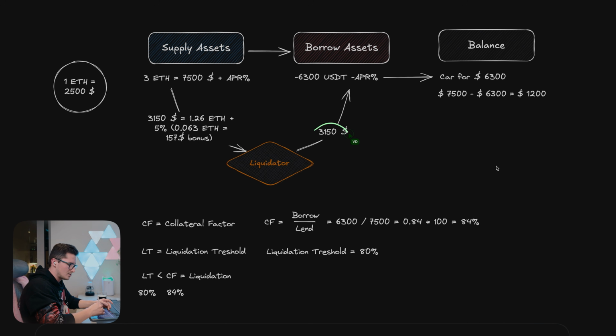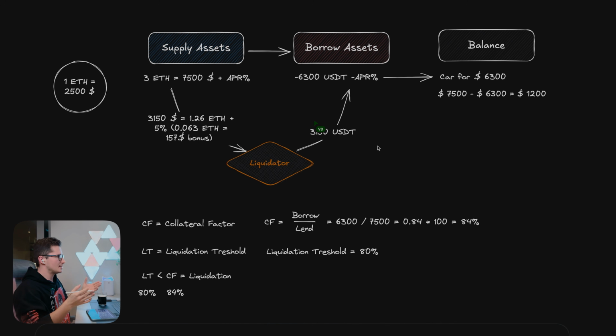That's $3,150, 3,150 USDT, sorry. So that's actually USDT. It means that he needs to buy USDT from the market, then come here and liquidate this position by repaying debt for your position.